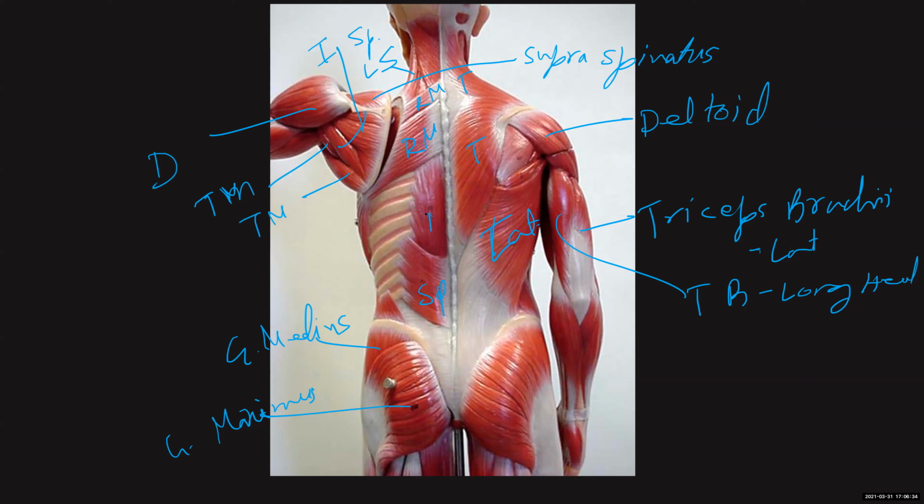We have looked at this, erector spinae. So basically, this concludes our study of all the muscles of the body.